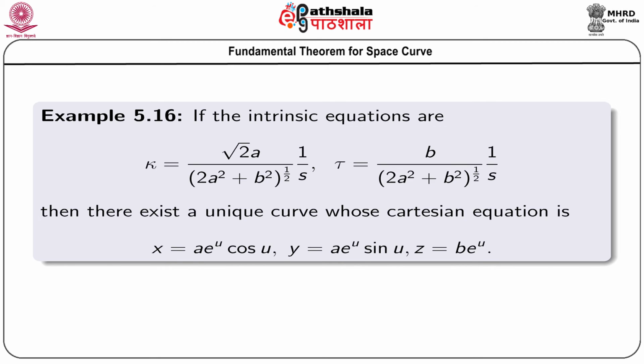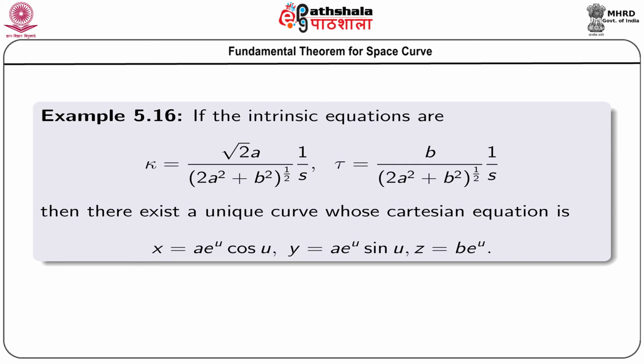Then we can easily prove that there exists a unique curve whose Cartesian equation is x equals a e to the power u cos u, y equals a e to the power u sin u, and z equals b e to the power u.